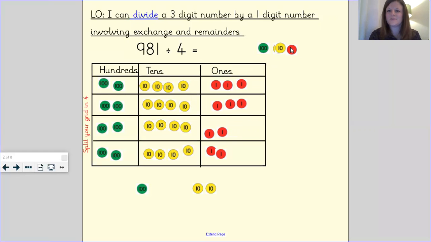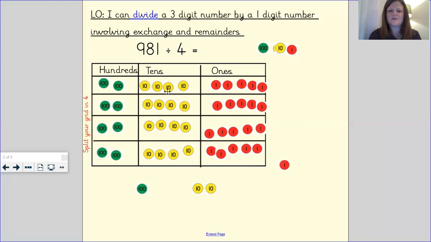Can you predict what it will be? 11, 12, 13, 14, 15, 16, 17, 18, 19, 20, and 21 means I must have a remainder.